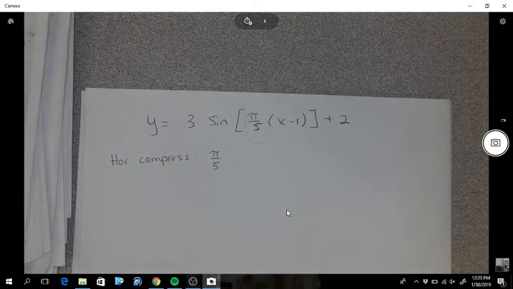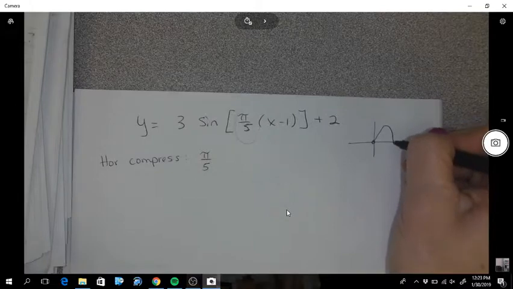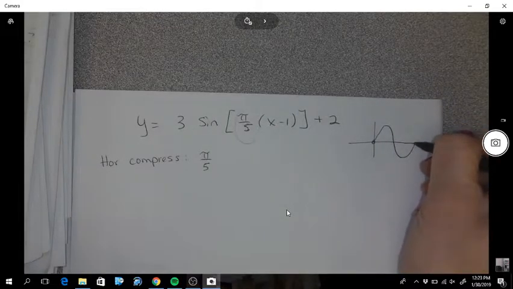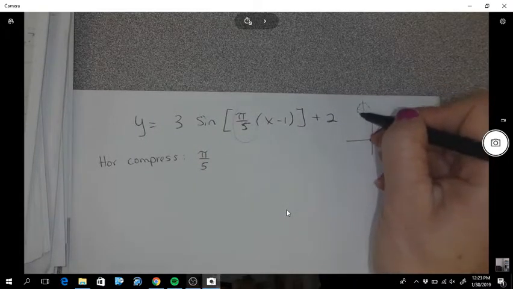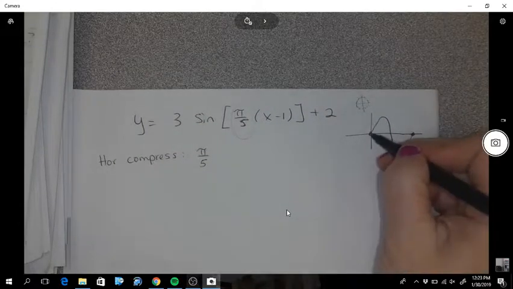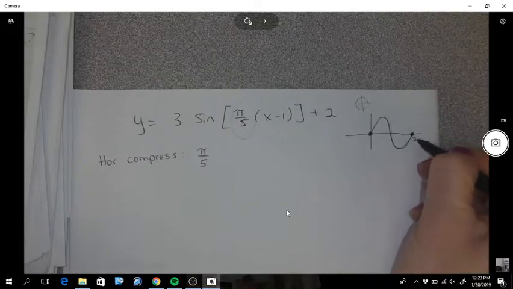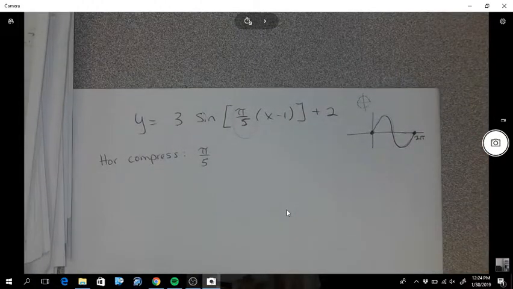Now, when we started with a sine, we talked about how long it takes to go one complete cycle till it gets back. So basically in a unit circle, how long does it take to get back, right? So in this, it takes 360 degrees or 2 pi to go a whole cycle before it starts to repeat itself.